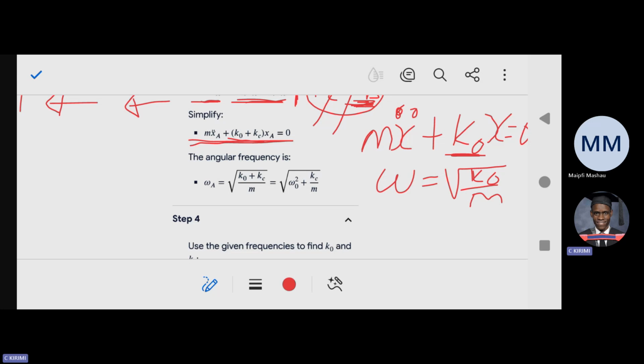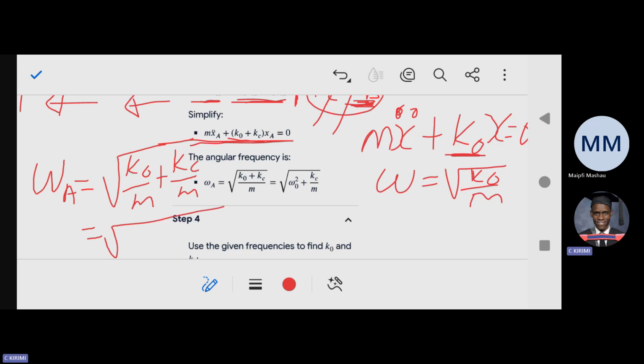You indicate that k naught, like this, WA is equals to the square root of k naught over m plus kc over m, like that. That's where the omega squared is coming from. So square root it will be omega naught squared plus Kc over m.